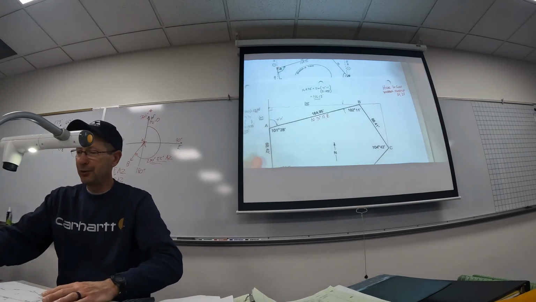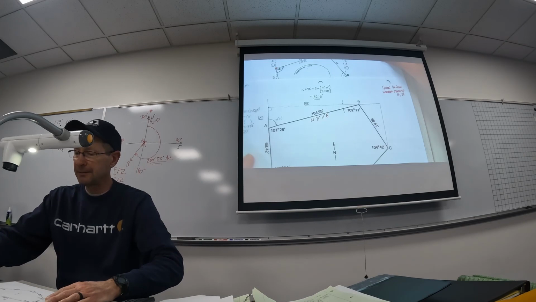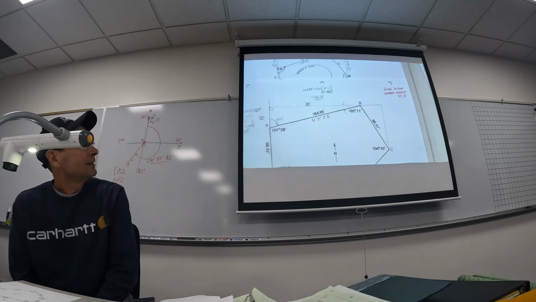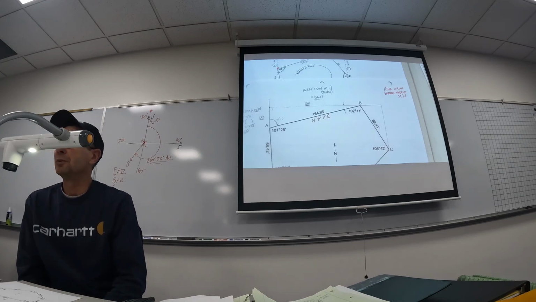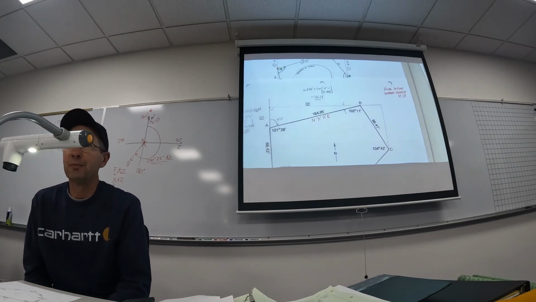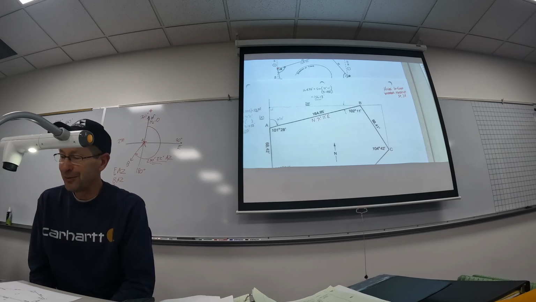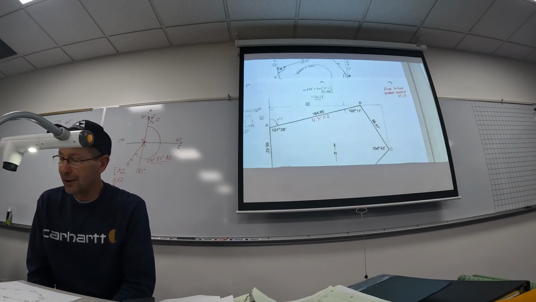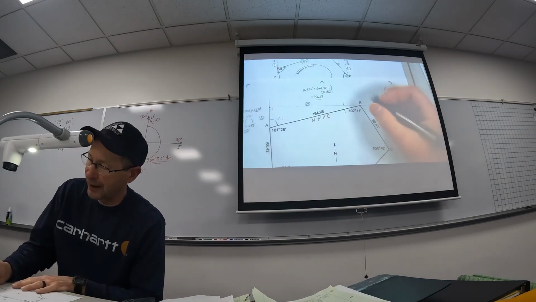All right, now we've got to do some creative thinking. We've got a couple of angles, don't we? You've got to let this marinate a little bit, because this is the little piece of complication. There's a couple of ways, because what are we missing right now? What do we have to find?